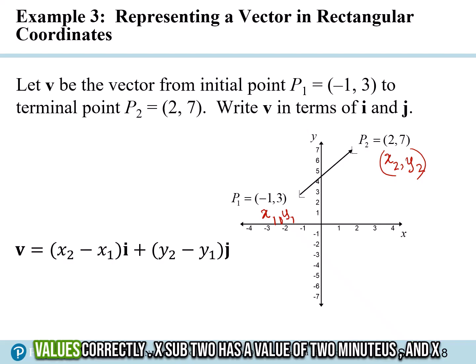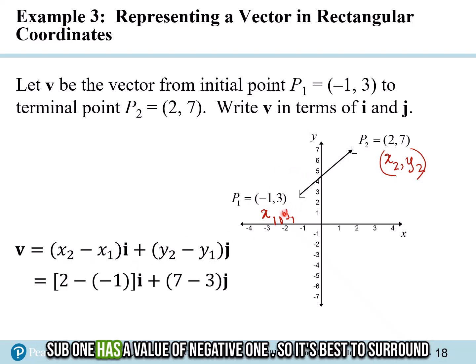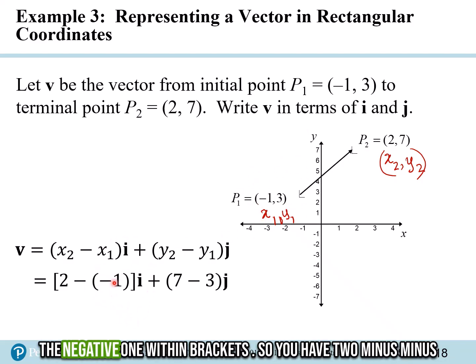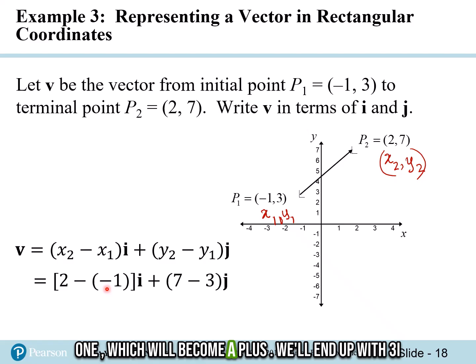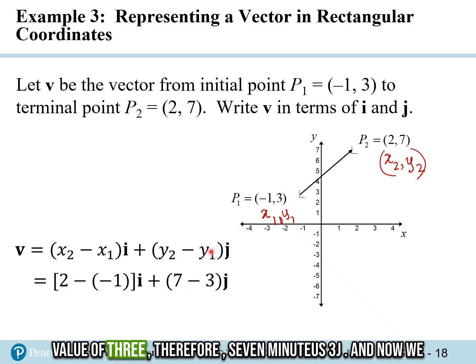So plug in the values correctly. x sub 2 has a value of 2 minus x sub 1, which has a value of -1. So it's best to surround the -1 within brackets. So you have 2 minus (-1), which will become a plus. We'll end up with 3i, and then a plus sign. y sub 2 has a value of 7 and y sub 1 has a value of 3, therefore 7 minus 3 times j.